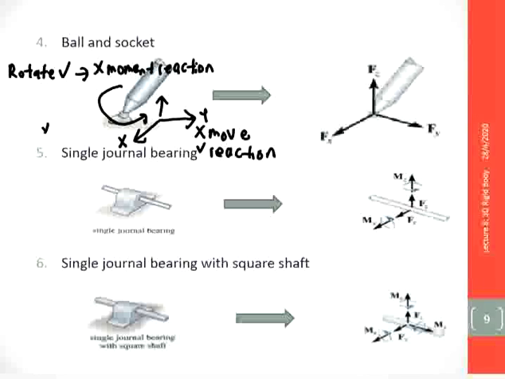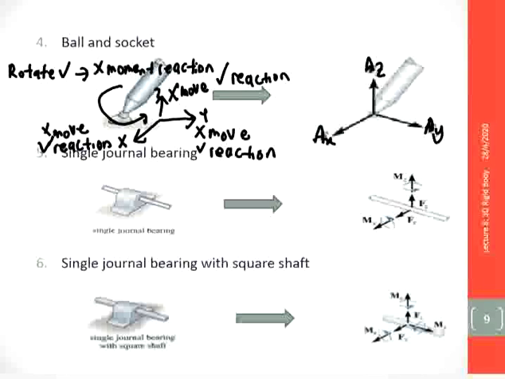It also cannot move in the x direction, so there is a reaction in the x direction. And it cannot move up and down in the z direction, so there is a reaction force there. But there are no reaction moments because it can rotate. So the reactions are in the x, y, and z directions.